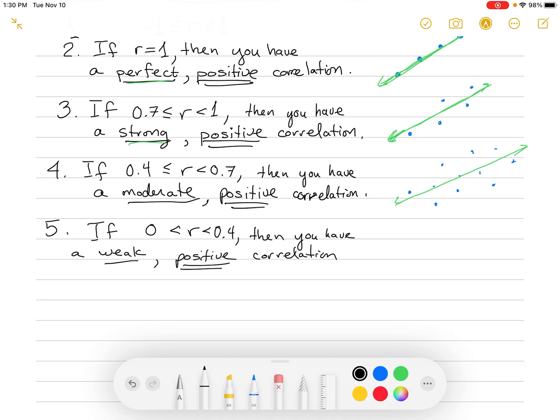So when your correlation coefficient R is greater than 0 and less than 0.4, you have a weak positive correlation. That means the points are going to be kind of spread out. Maybe like that. I know I erased a few of these.